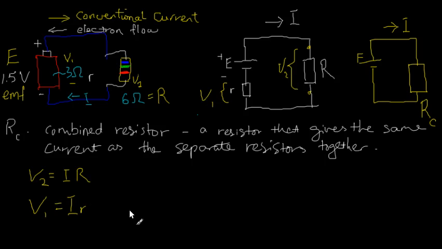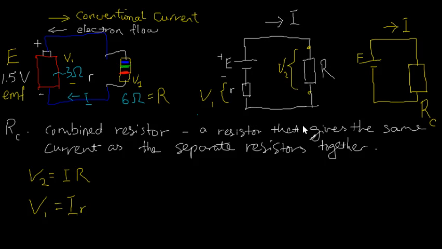Now there is another relation, if you recall from an earlier video, a relation between V1, V2 and E, because E is the work done to move 1 coulomb of charge all the way round the circuit, whereas V1 is the work done to move it through just this resistor and V2 through just this resistor.